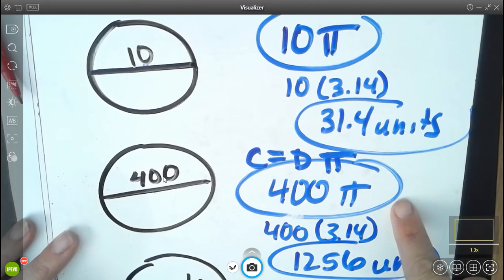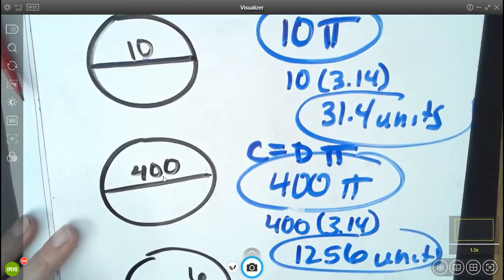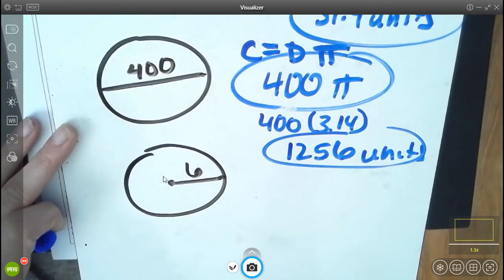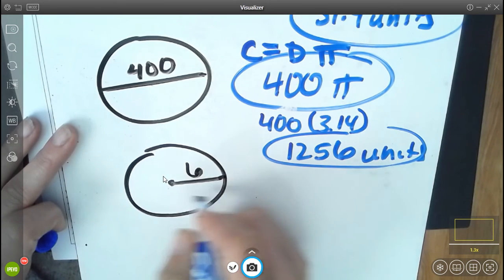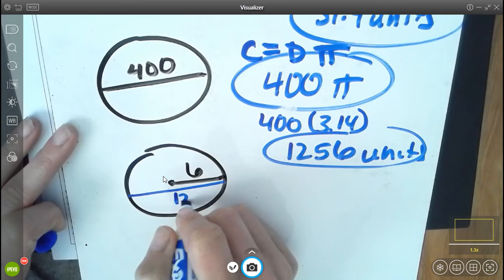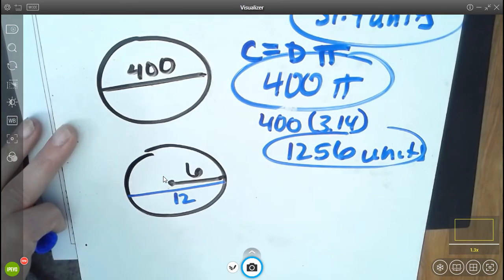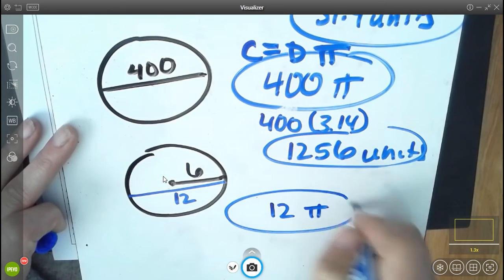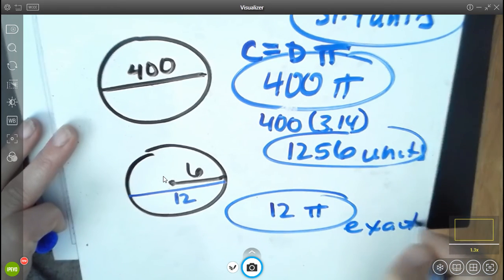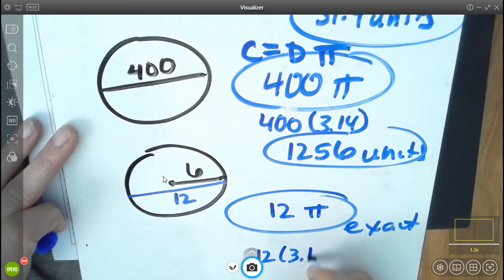So if it asks you for an exact answer, if it asks you for an estimation. And then the hard one, ooh, they're trying to trick you, giving you a radius. So here I would need to figure out the diameter, which is 12. All the way across that circle would be 12. So it's 12 pi. That's the exact. And the estimation would be 12 times 3.14, which would be 37.68, whatever those units are.